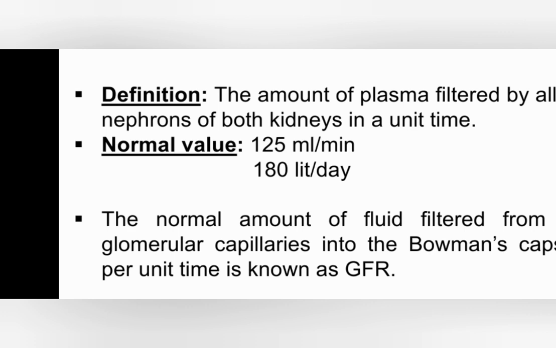So 180 liter of glomerular filtrate is filtered out, but that is not excreted from the body. What is excreted is 3 or 3.5 or 4 liter of urine. What about the rest? The rest is reabsorbed into the body.